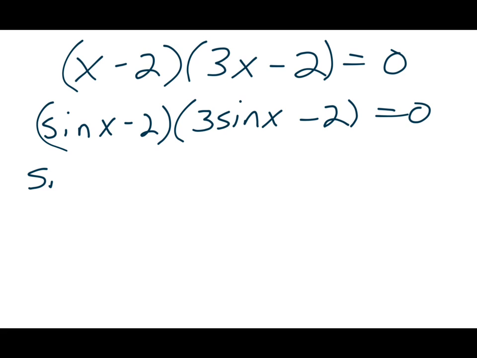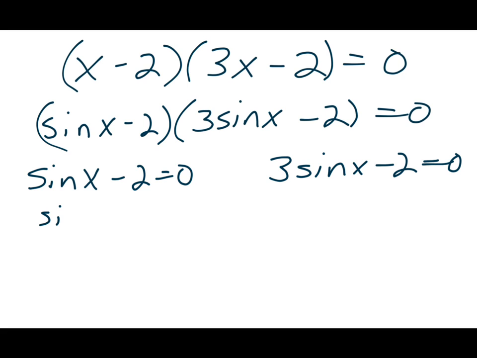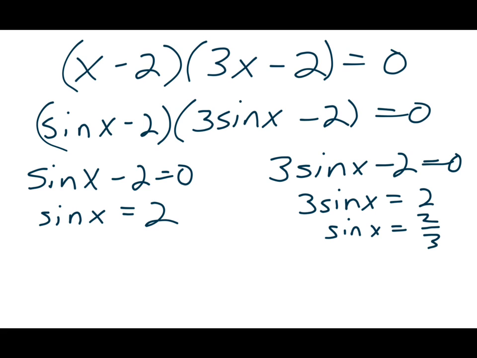Okay? So sine of x minus 2 equals 0, and 3 sine of x minus 2 equals 0. So we have sine of x equals 2. Okay? I have 3 sine of x equals 2, or sine of x equals 2/3. And then if we use our sine inverse, you would get no solution on the first one.